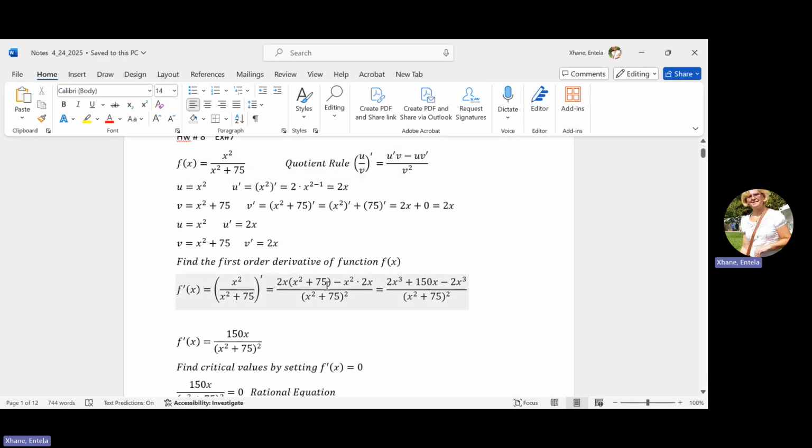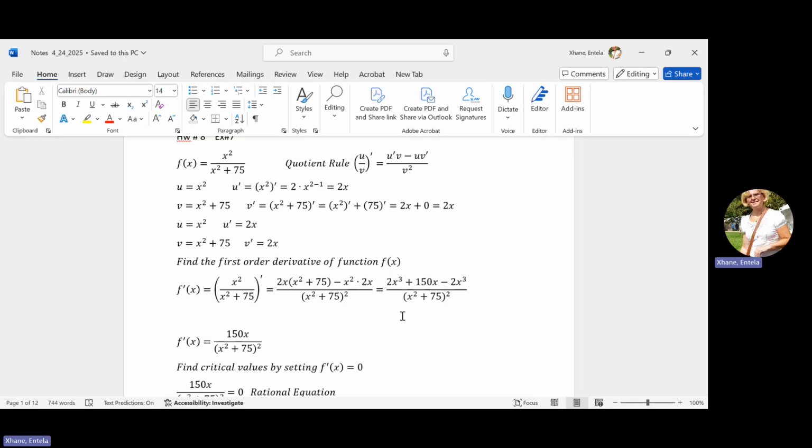If we substitute them into the formula of the quotient rule for the first order derivative, then we have u prime, which is 2x, times v, x squared plus 75, minus function u, which is x squared, times v prime, which is 2x, all over v squared, which is x squared plus 75 squared.